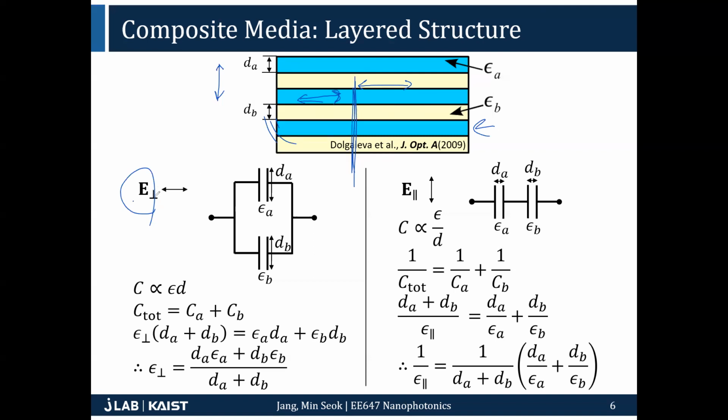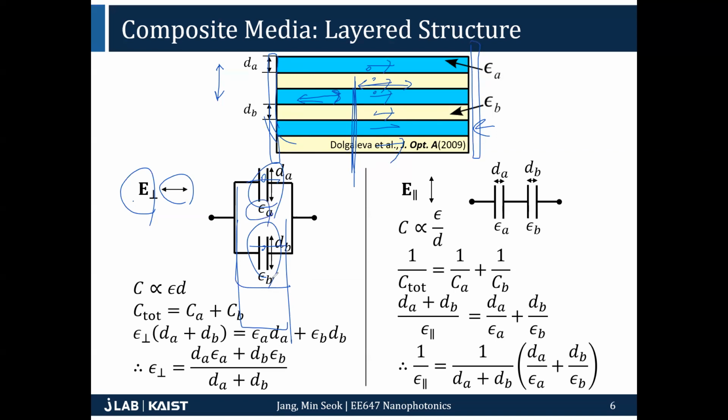If your electric field is perpendicular to the optical axis, then what happens is that you're basically putting two metallic plates here and there, which is a bunch of parallel connection of capacitors, right?